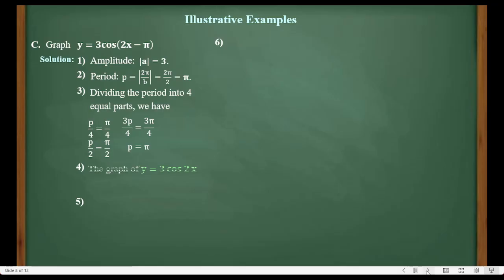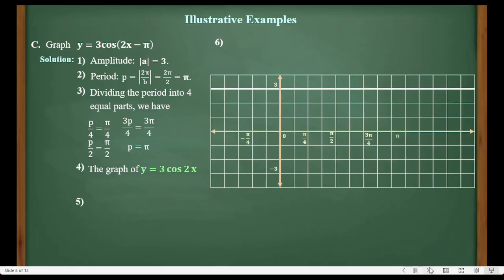Now we prepare the Cartesian plane to graph the mother function of this given equation. And the mother function is y equals 3 cosine of 2x. Okay, with already labeled coordinates from both x and y axis. So we plot the point.